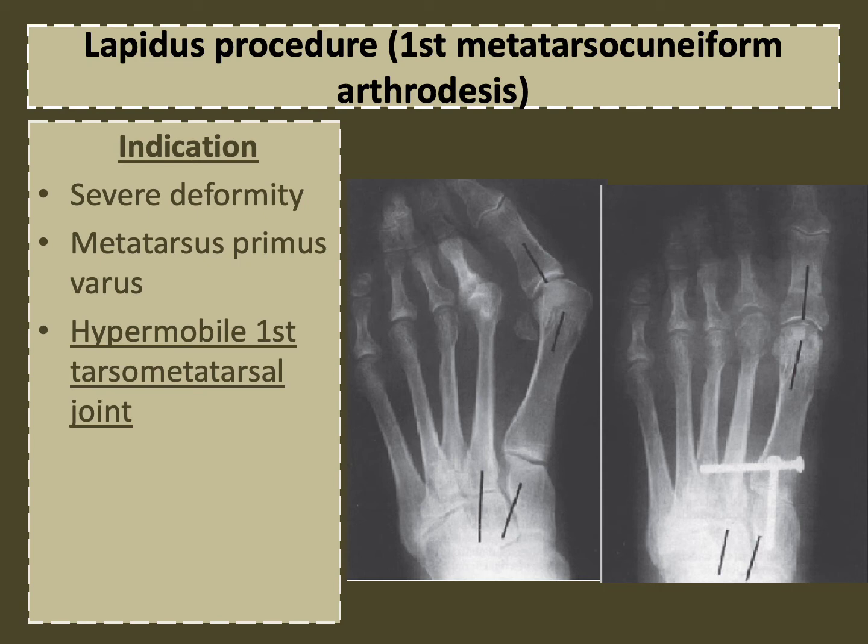Actually, the traditional Lapidus was a first tarsometatarsal joint arthrodesis, as well as an arthrodesis between the base of the second metatarsal and the medial cuneiform. That's the traditional Lapidus, and that's certainly reasonable. And then it's usually accompanied with a distal soft tissue procedure, again, to realign the sesamoids, get everything back underneath, and restore that anatomy distally.